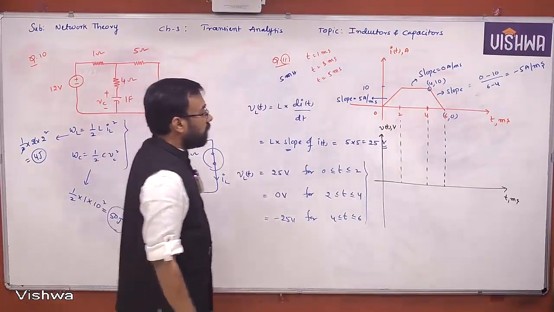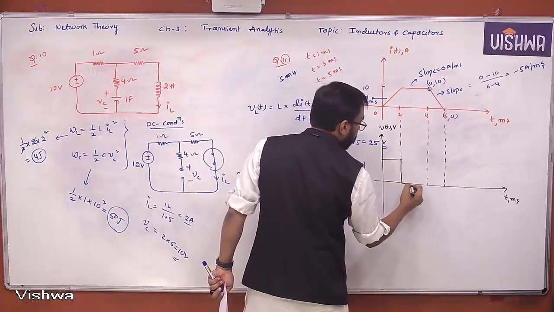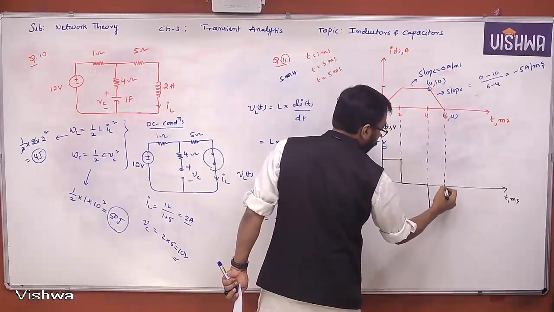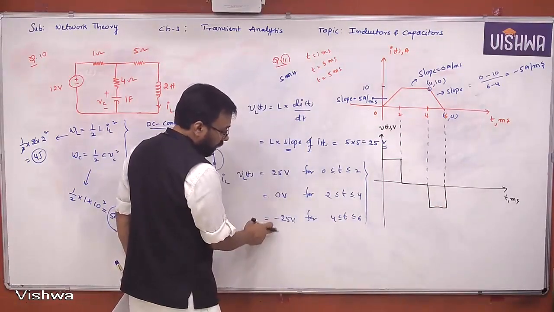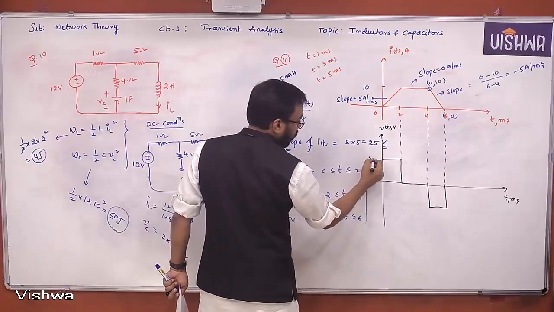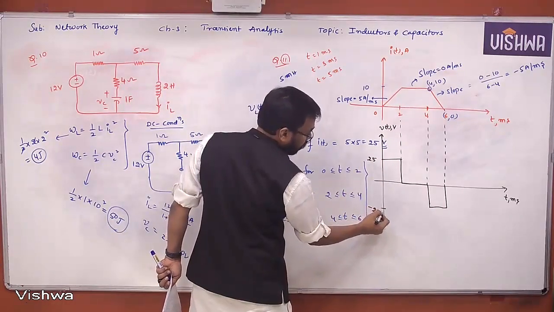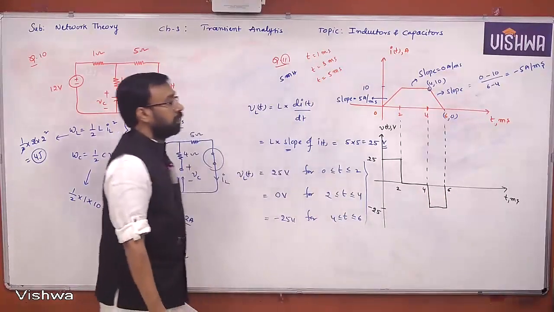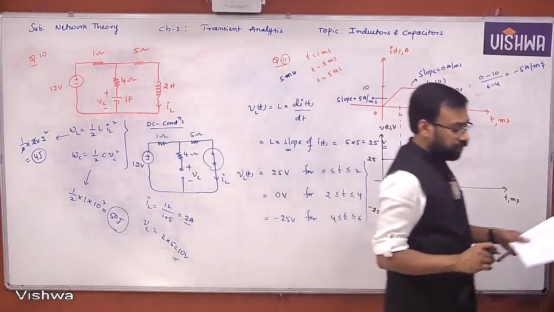If you draw that waveform, this is how it looks: 25, then 0, then minus 25. This is 25, this is minus 25, and this is 2, 4, and 6. You understand all of you? It's a very simple problem. You can easily do it.